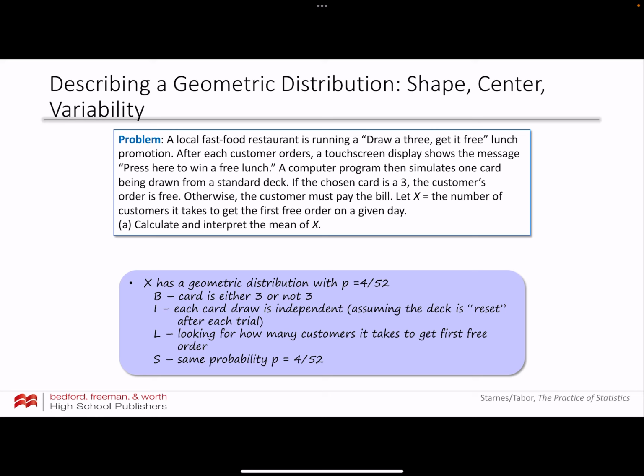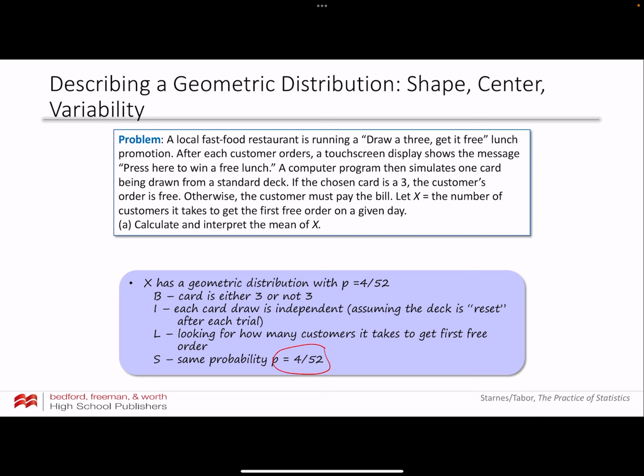Independence: each card draw is independent. Again, we're assuming that the deck is reset after each trial. We're looking for how many customers it takes to get the first free order. And if we're looking for the card to be a 3, the probability of success is 4 out of 52.